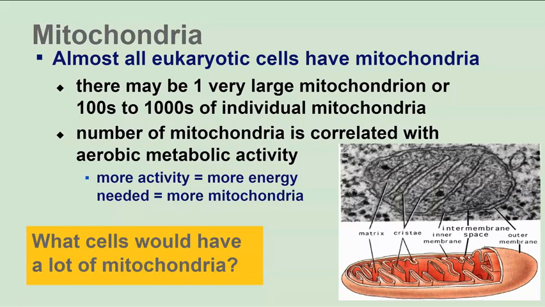And depending on how much aerobic metabolic activity you engage in, you may have more or less in your muscle cells versus, say, a classmate of yours who does more endurance sports versus another one that tends to be much more sedentary, who is going to have fewer mitochondria even within the same cell type.